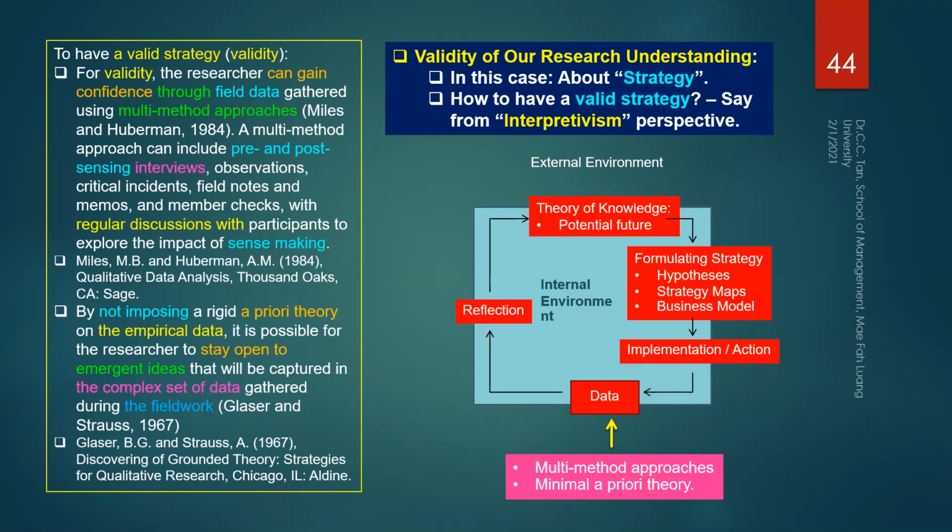Because of this qualitative interpretivism, the validity comes from you using many different methods to help you see from different angles. So I can use the observations, I can use the survey, I can use the in-depth interviews, the focus group, artificial intelligence, big data.